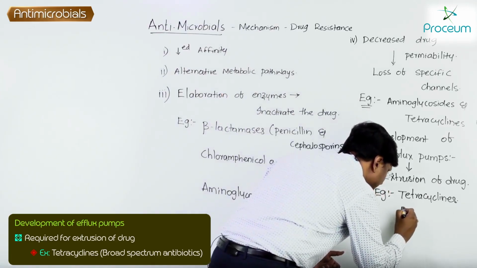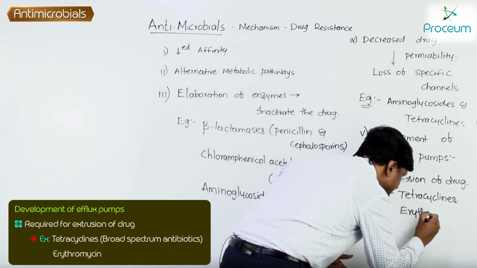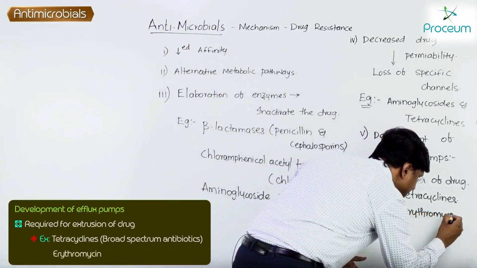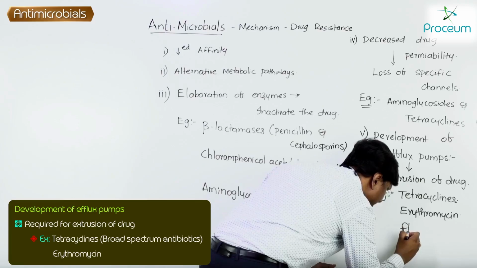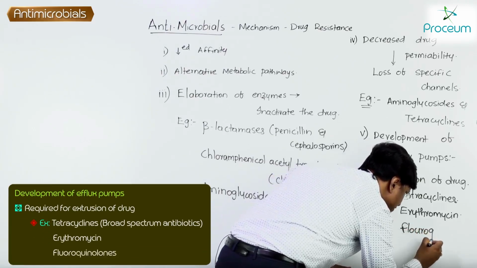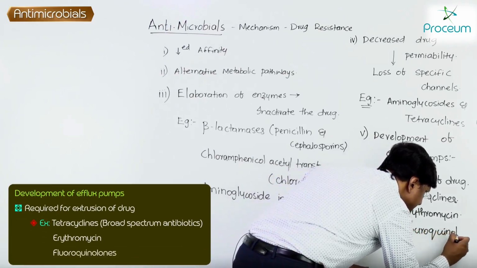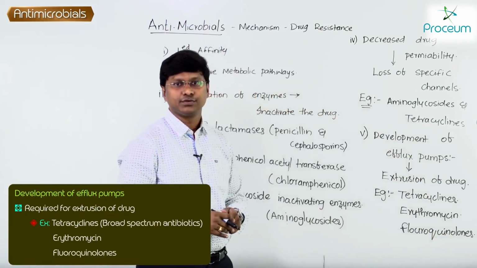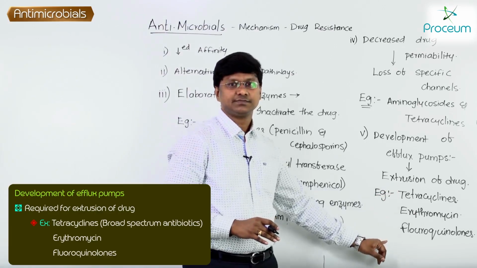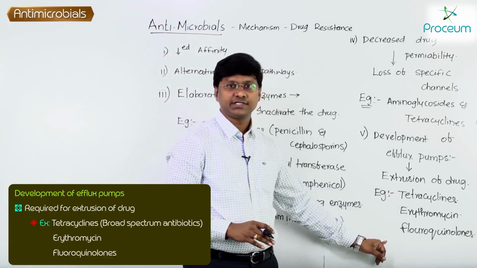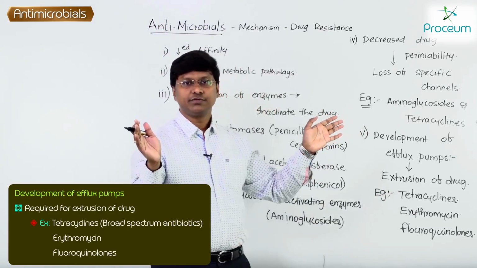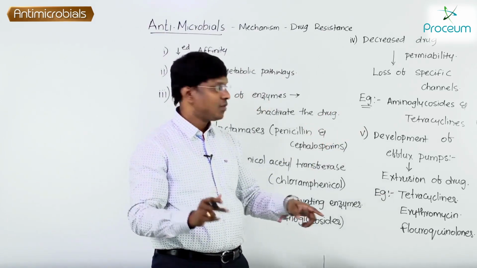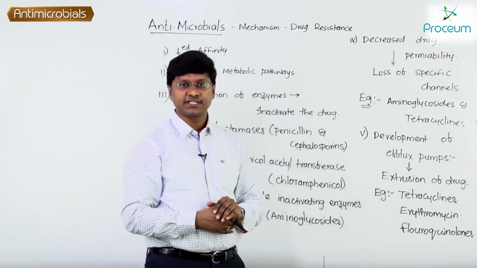Next, the other group is erythromycin, and the other one is the fluoroquinolones. So these antibiotics are extruded out from the resistant microorganism via the development of the efflux pumps.